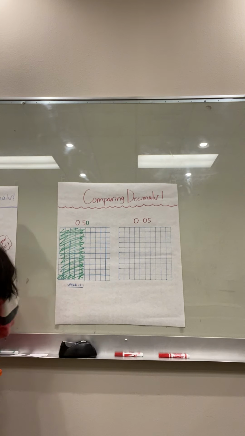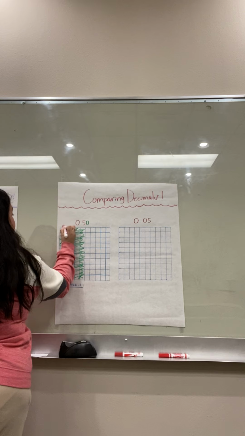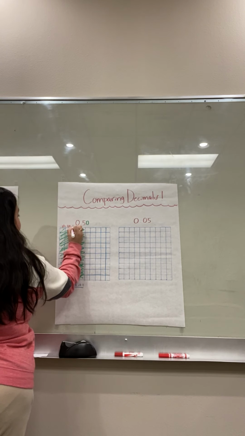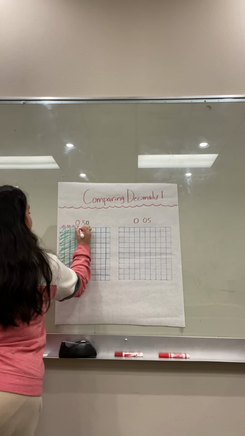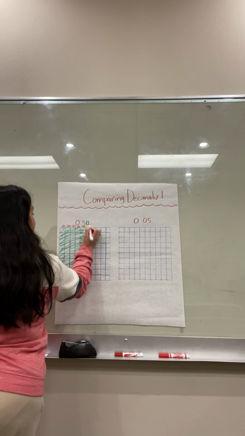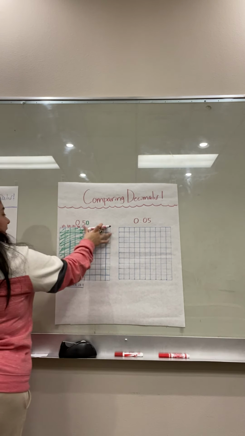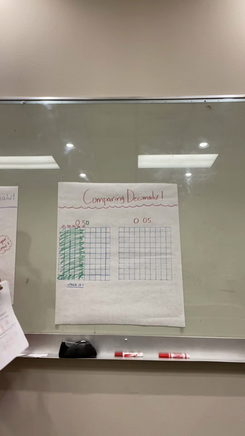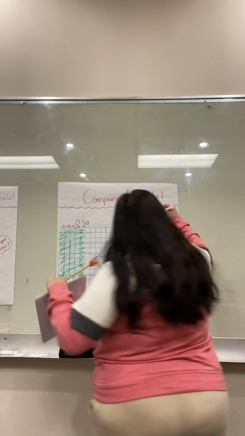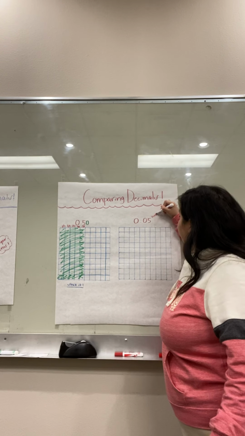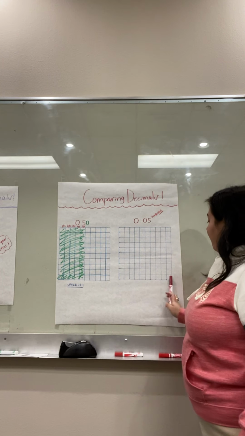So let me go ahead and just show that to you. We have 1/10, 2/10, 3/10, and so on and so forth. Well, let's go to 5/10, 4/10, and 5/10. And we have 10 columns make up one whole. So now that we're on this side and we have 5 hundredths, remember hundredths, and we have 100 squares.